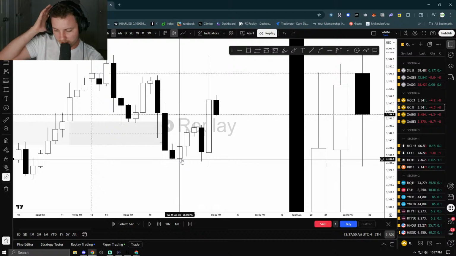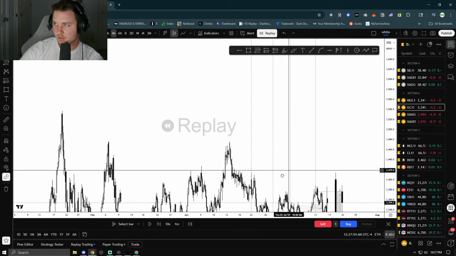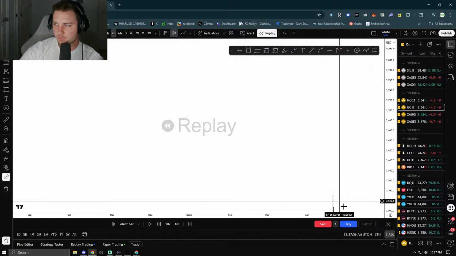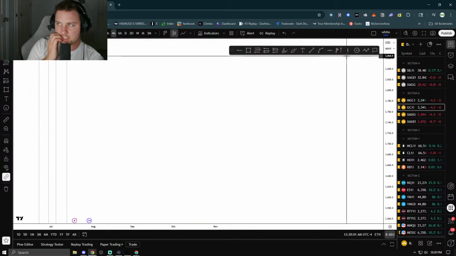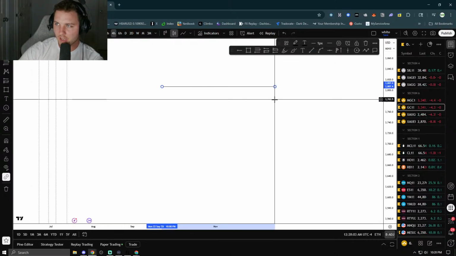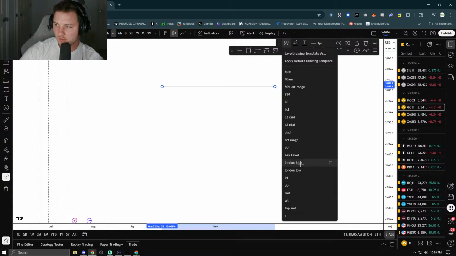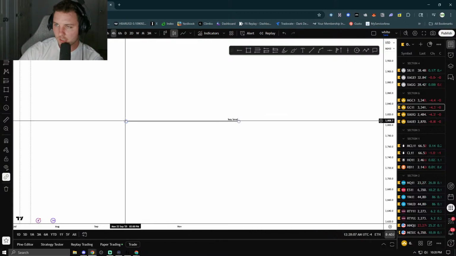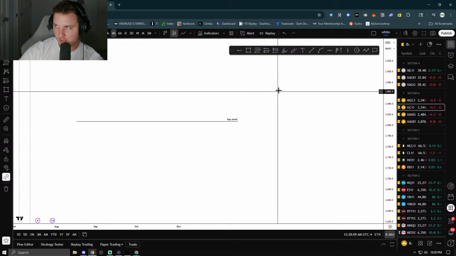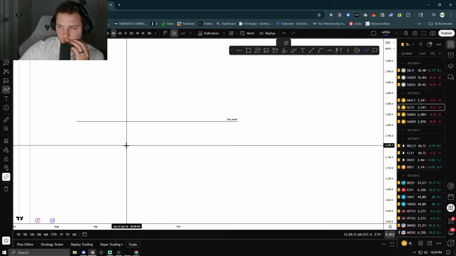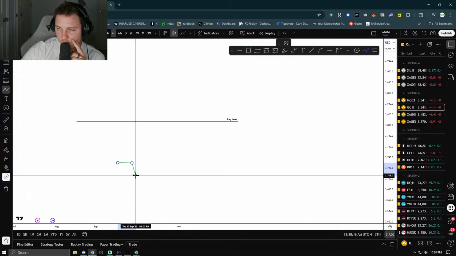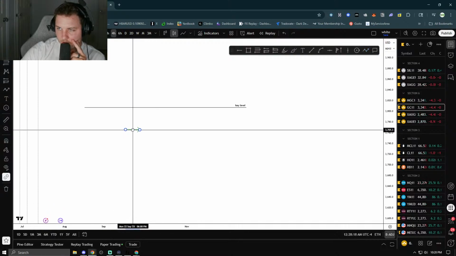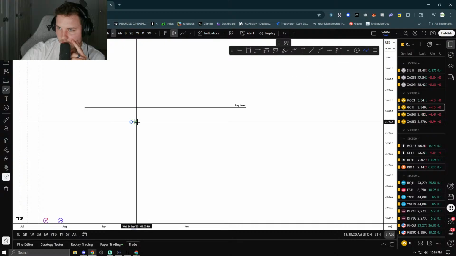I'm trying to think, I know the scenario. Okay. Let me do a thing. So we have a key level, because it's all derived off key levels. The daily opens low. Yeah, all right, let's do this.